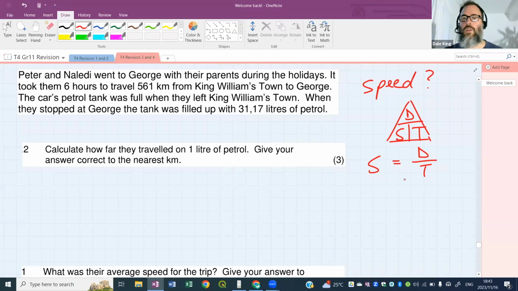So we have to use the formula rearranged in a different format: S equals D over T. Be careful with that. Often they do give you the formula in the correct format, but in this case they didn't, so we'd have to rearrange it to get what we need. I hope that makes sense.